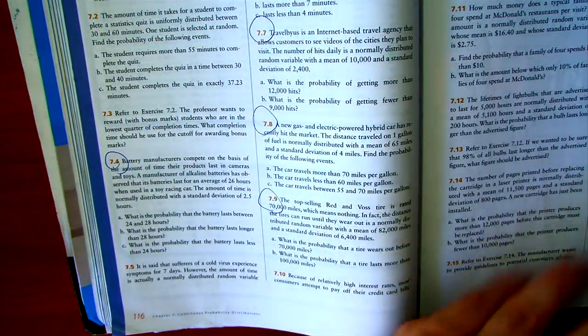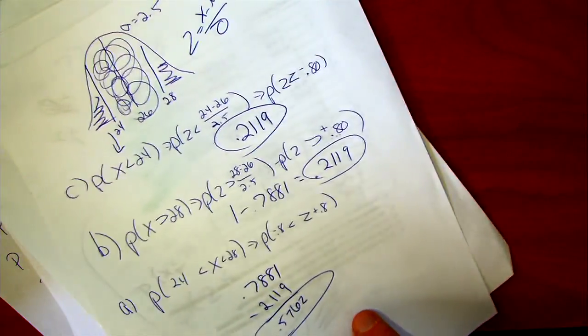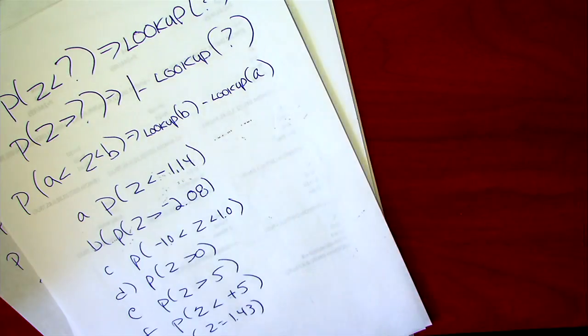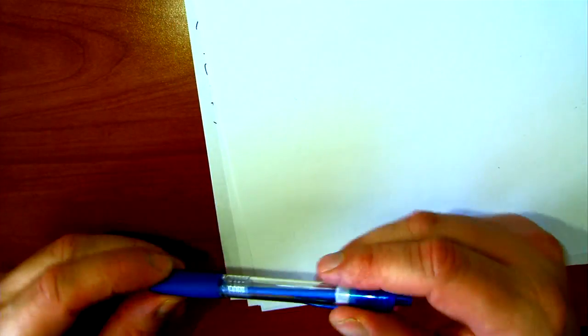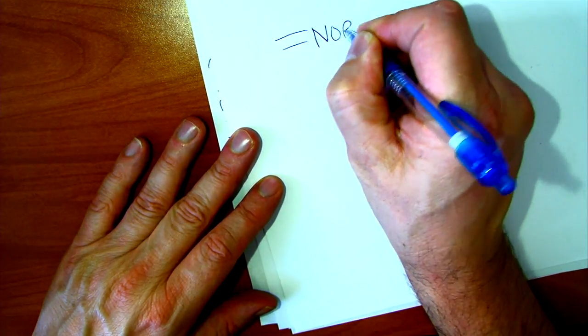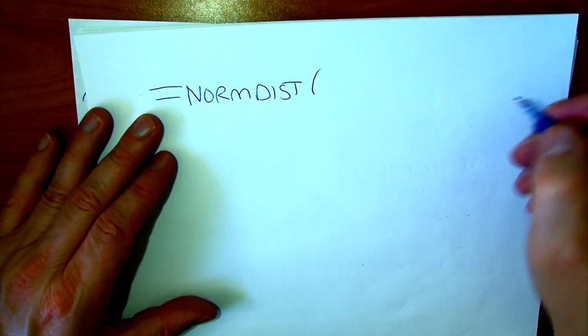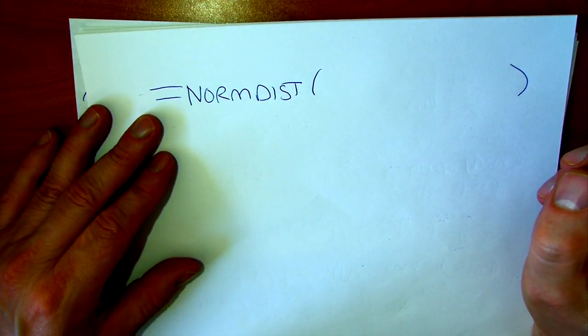Just like for binomial and Poisson, we had a formula. Well, we also have a formula that we can use for the normal curve, and that formula is called NORM.DIST. If you think about it, it's a little easier than the others. NORM.DIST is the function we're going to use in Excel, and it has 4 arguments.